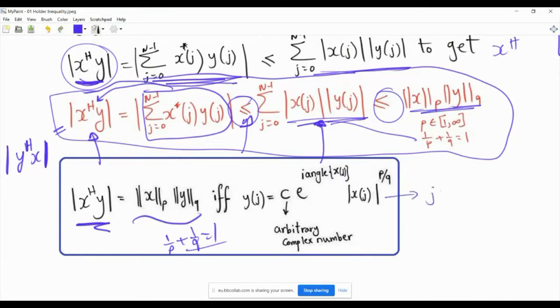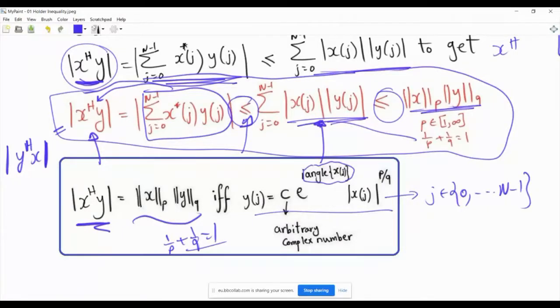Again, this is true for j between 0 and n minus 1, if we count the components starting from 0 to n minus 1. So if you look here, you will find that y of j, you can choose here any arbitrary complex number, then e to the i, and you should use here the angle of xj, and then you have the magnitude of xj raised to the power p over q.